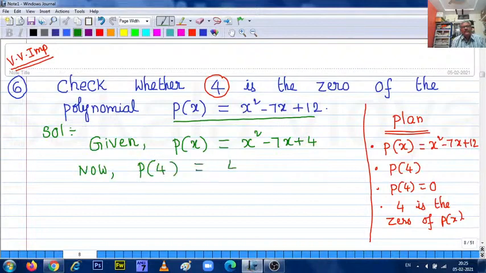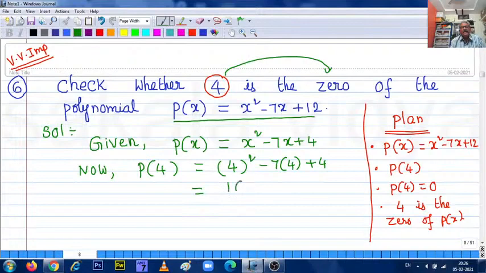So P of 4 equals 4 square minus 7 times 4 plus 12. Why should we consider 4? We need to check that 4 is the zero of this polynomial or not. 4 square is 16 minus 28 plus 12. 16 plus 12 is 28. 28 minus 28, this will be 0.